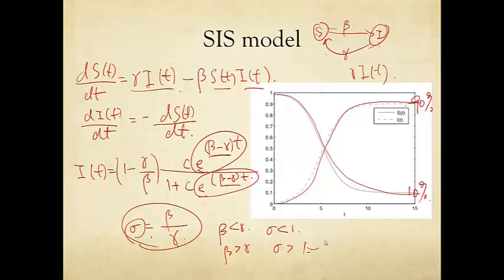If I plot the sigma less than 1 case, then the I curve, instead of going up like that, will be going down exponentially. In other words, if you can recover fast enough, then you won't even have a rise in the I population.